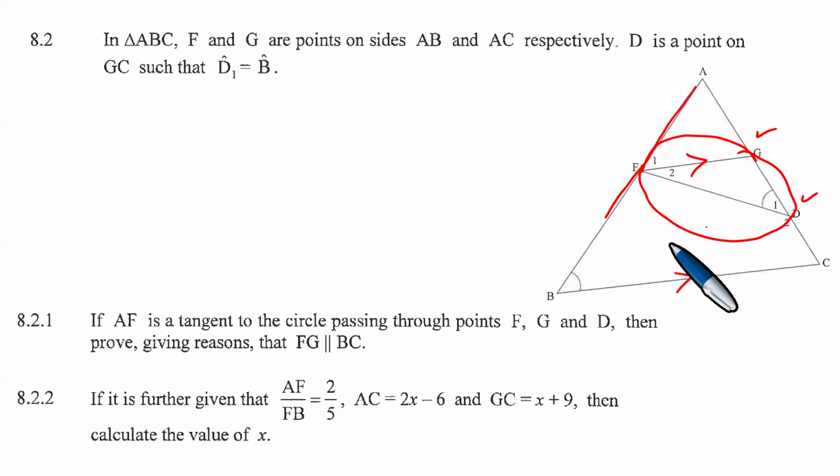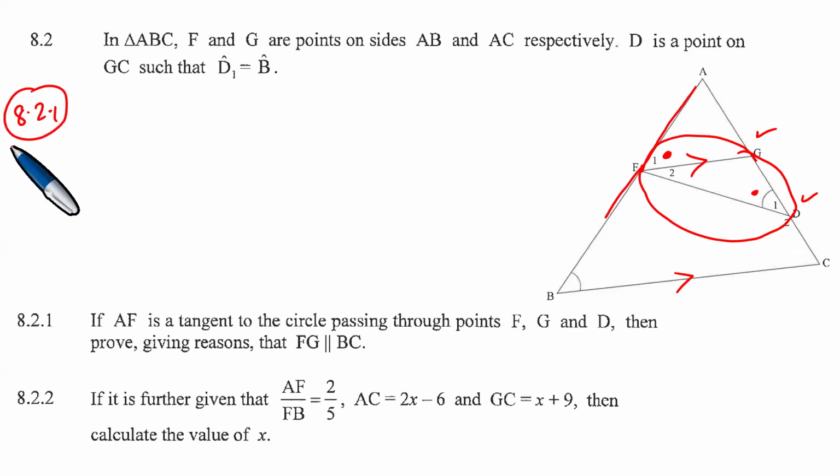If this is drawn and this is a tangent to the circle, it means the angle between a tangent to the circle and a chord equals the angle that is subtended by this chord. This is the angle here. So first things first, to do 8.2.1, this is the answer.